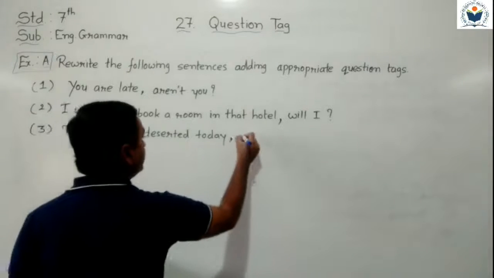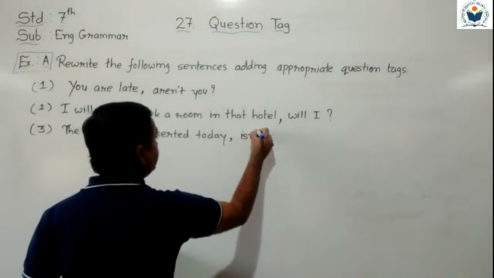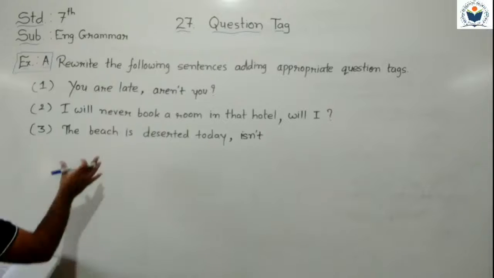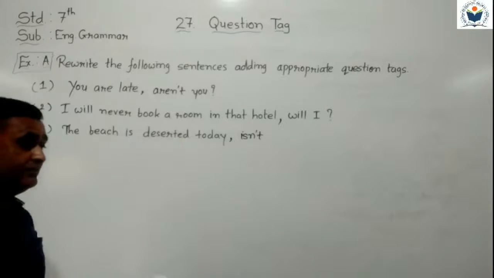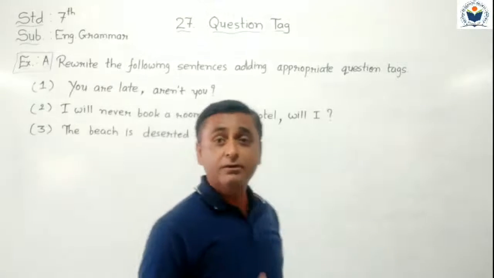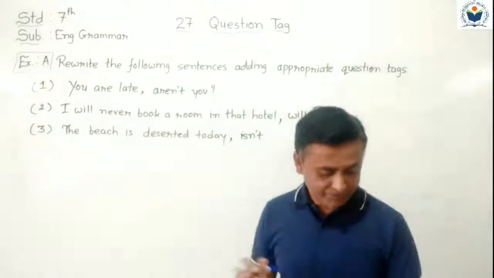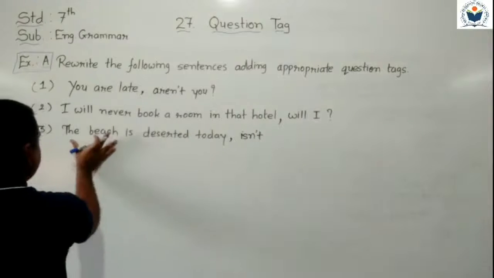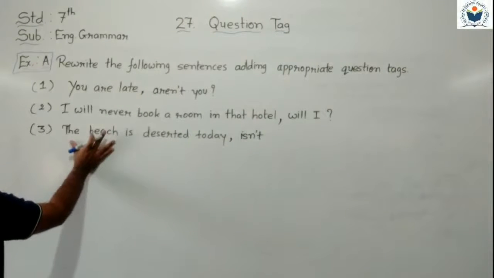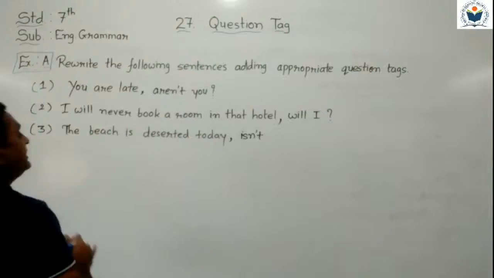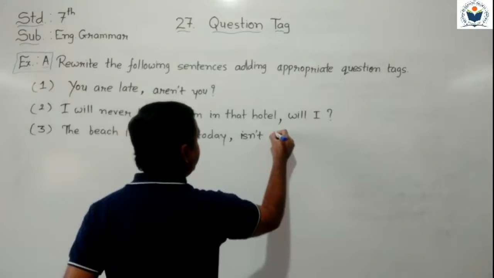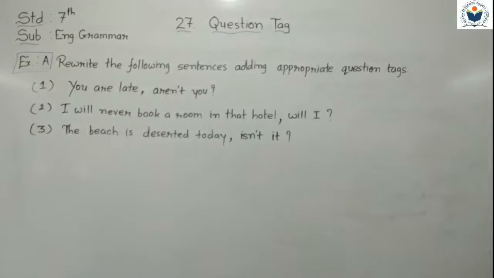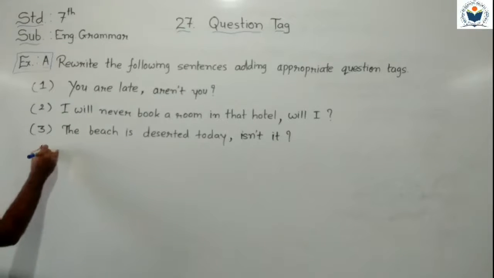We have to write the short form isn't. Then next we have to put the compulsory pronoun here. The beach means a non-living thing, so as a pronoun we have to put it here. Isn't, then it, and question mark sign. So it is now completed.